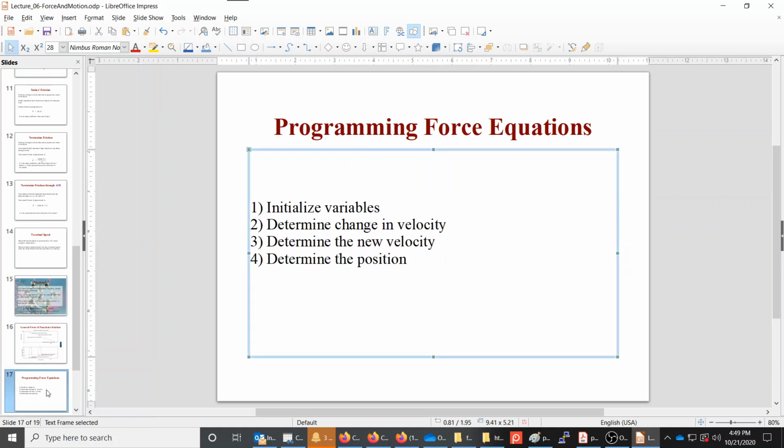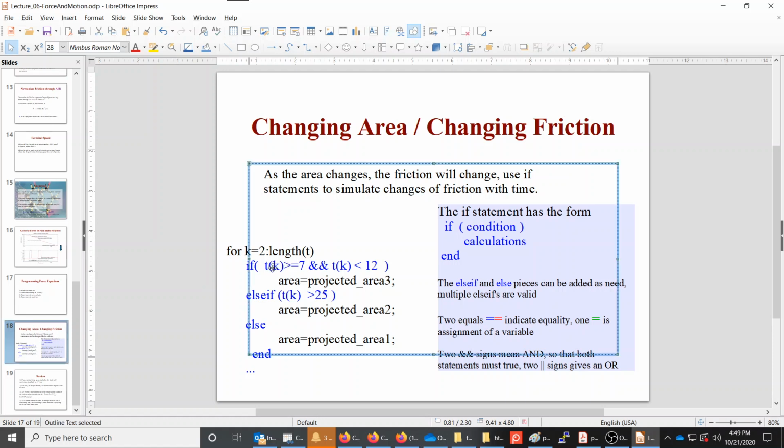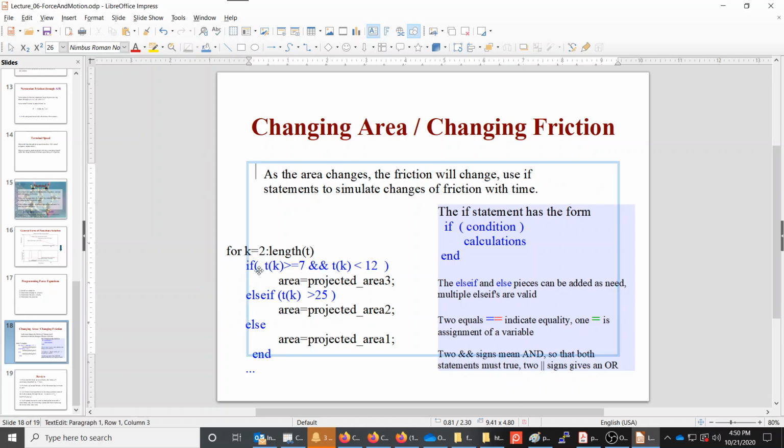So in this example, we're going to use if statements to find the times. I give you in the problem how many seconds into this certain things happen. And what's going to happen then is the area is what is changing.